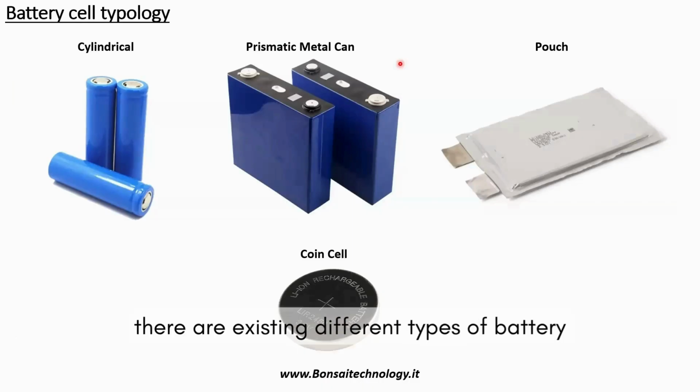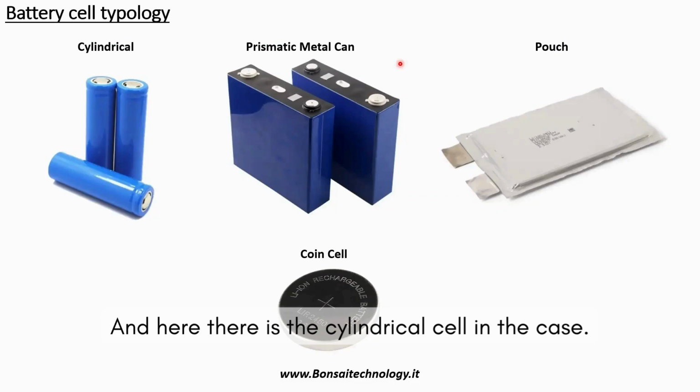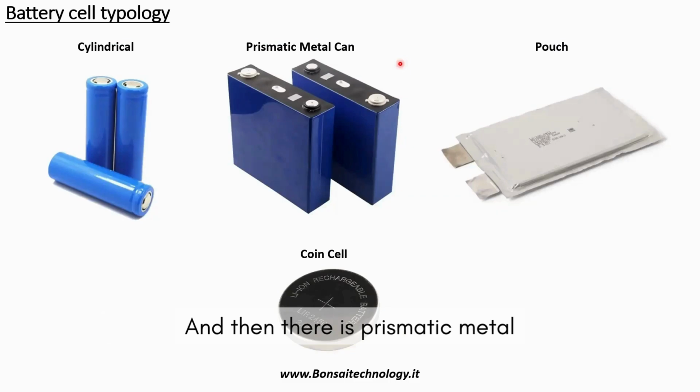I don't know. Anyway, there are different types of battery cells. Okay, cylindrical. I don't know if you see my camera. This is a cylindrical battery, and here is the cylindrical cell in its case. Then there is the prismatic metal can cell, which is bigger, and pouch. For example, this is a battery cell that is going to be in a metal can housing.